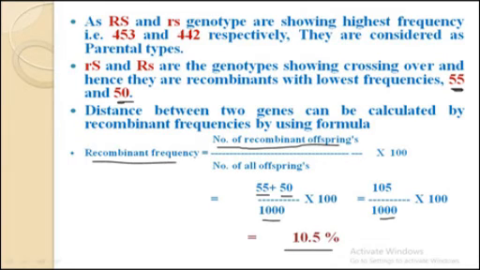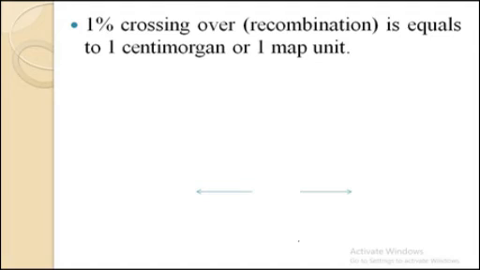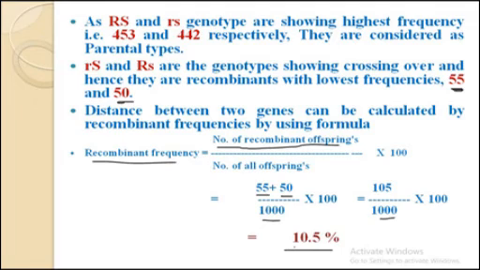Now we should know that 1% crossing over, that is recombination, is equal to 1 centimorgan or 1 map unit. In our example, we got a result of 10.5%.